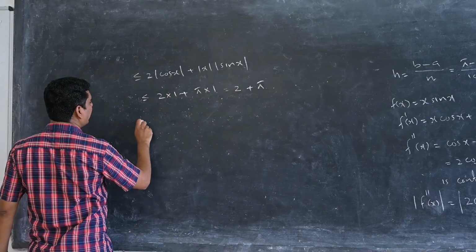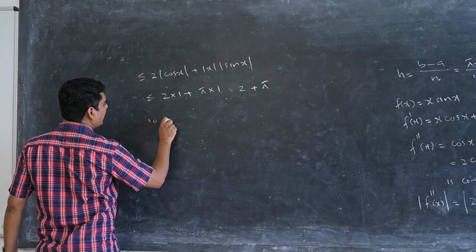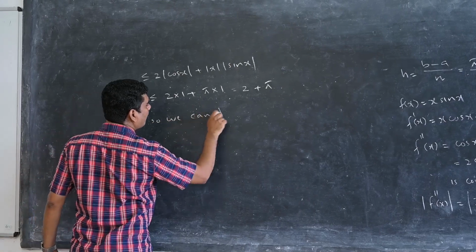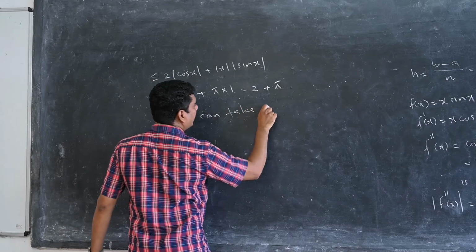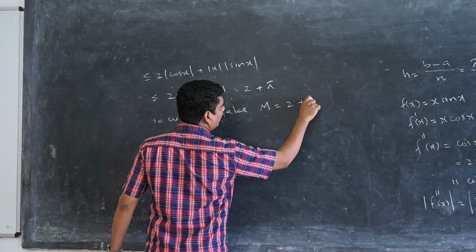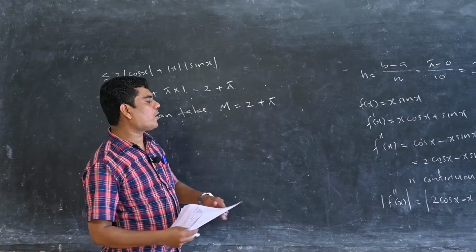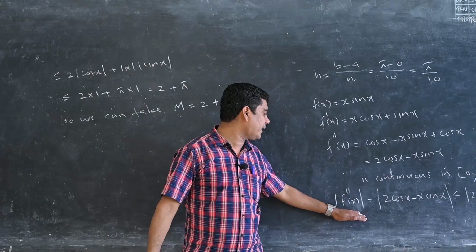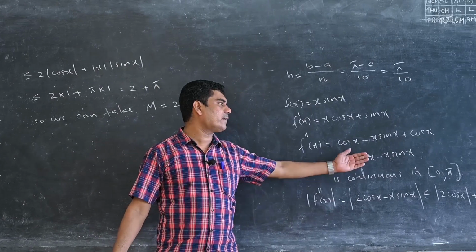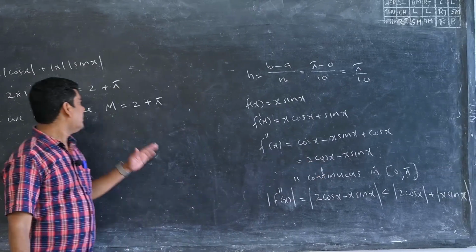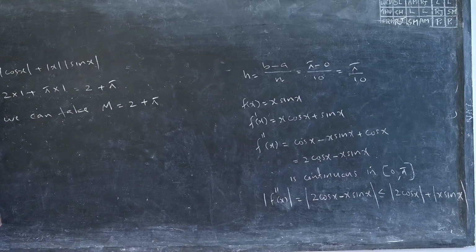So we can take M equal to 2 plus pi. M is an upper bound for mod f second derivative x on the interval 0 to pi.